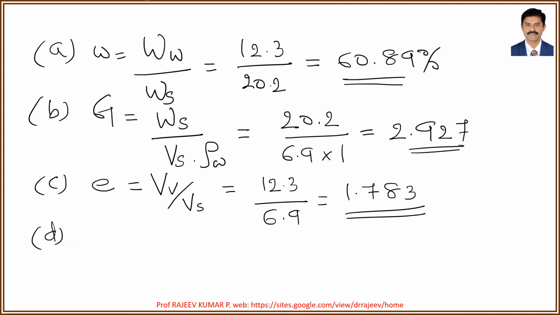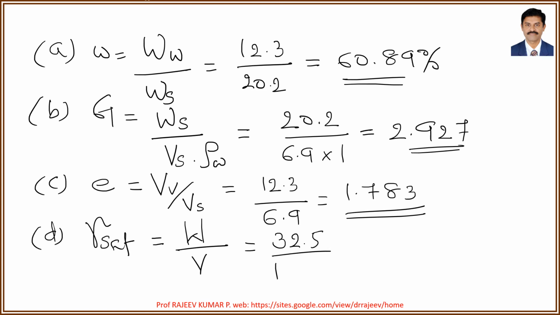And the last question was saturated unit weight. It is expressed as gamma saturated is equal to total weight divided by total volume. Since the soil is fully saturated, you can take total weight and total volume. So this will give you 32.5 divided by 19.2.